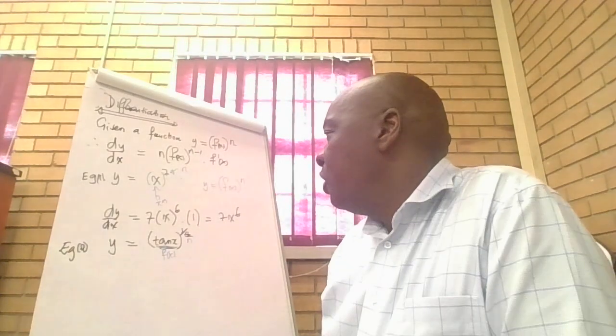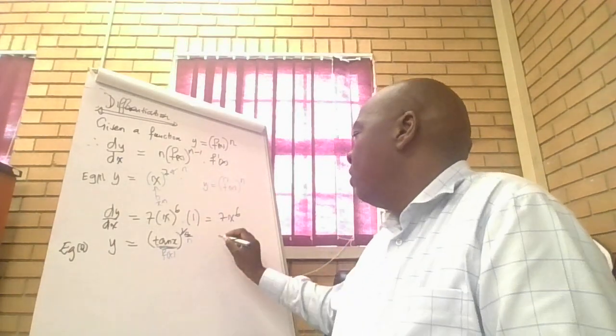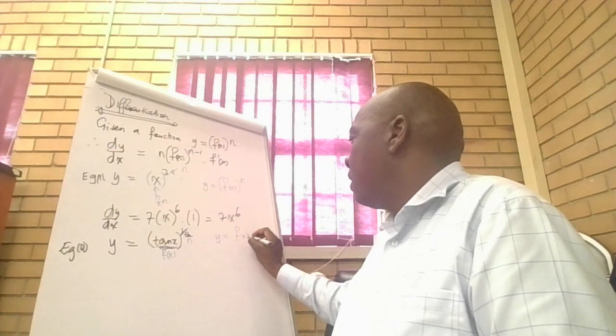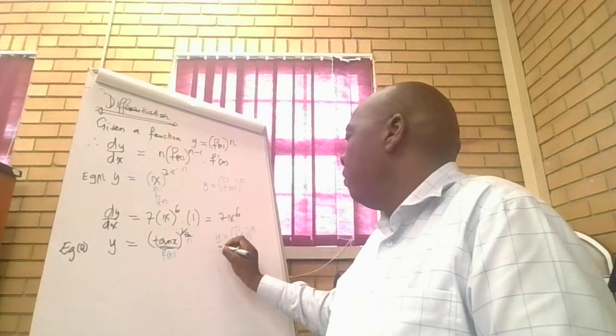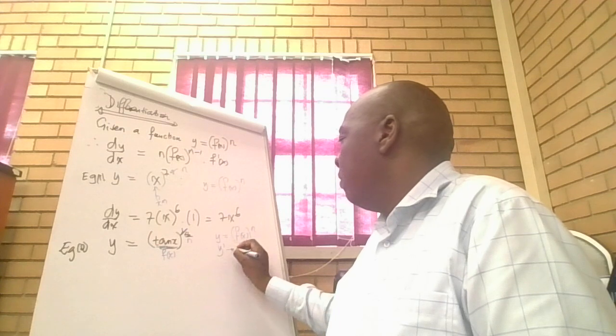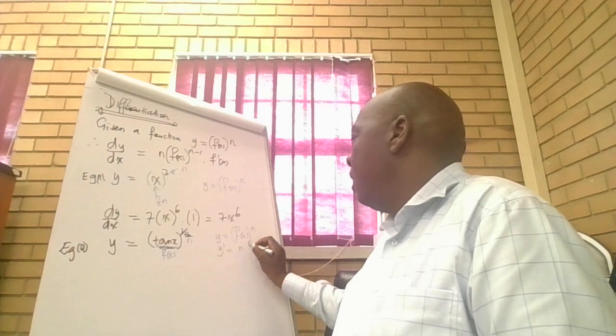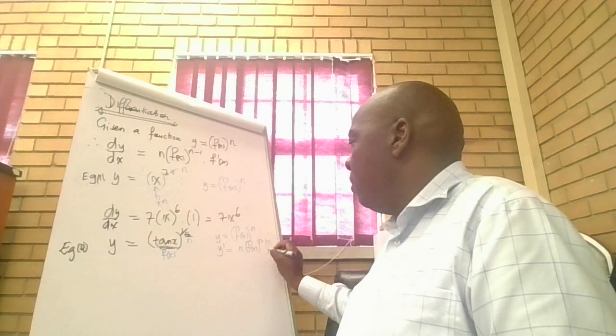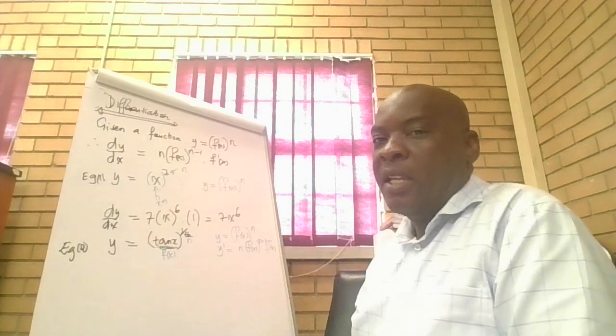So when I differentiate this, I also take advantage of the fact that if I have y is equal to f of x to the power n, it follows that the derivative of that is given by n f of x to the power n minus 1 times f prime of x, like that.